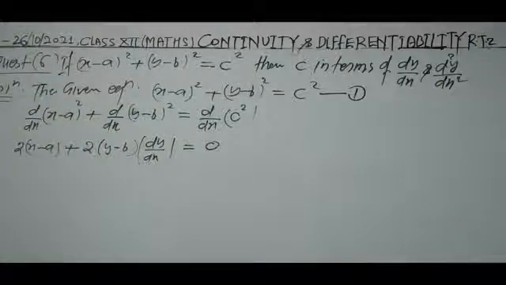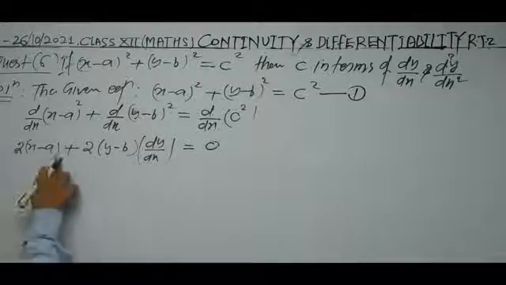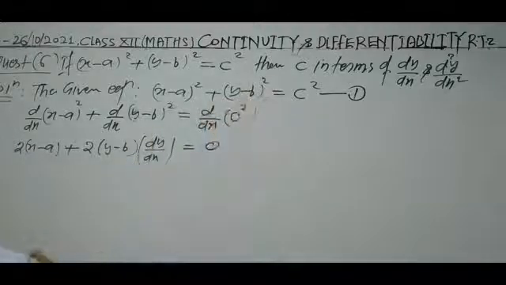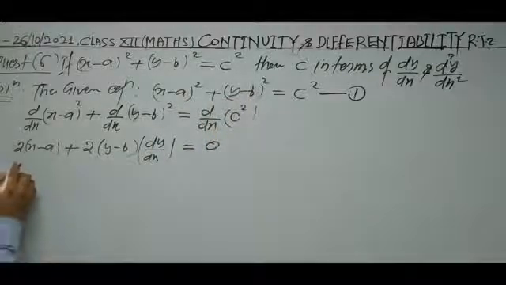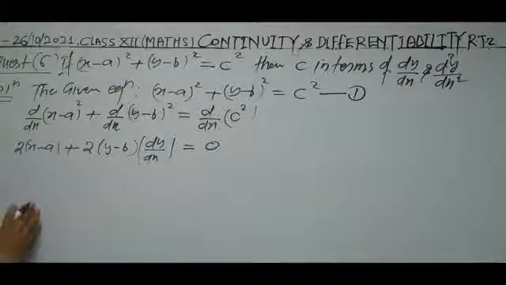Now see, you can calculate y minus b in terms of dy by dx. So you can differentiate again because we have to find d2y by dx2 also. So when you differentiate again, what will you get as the result?